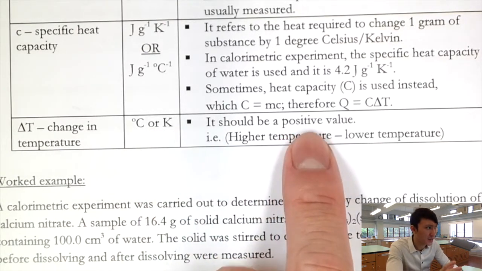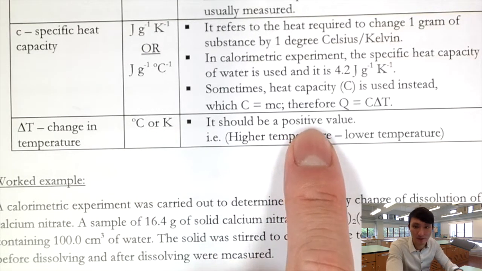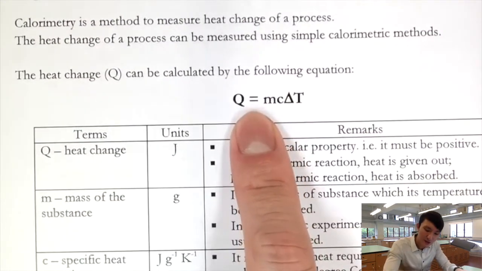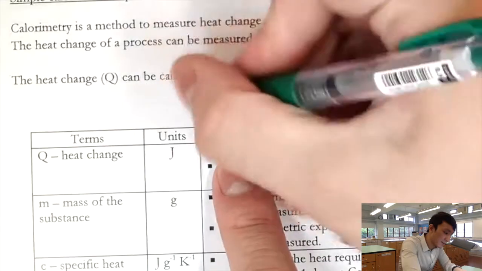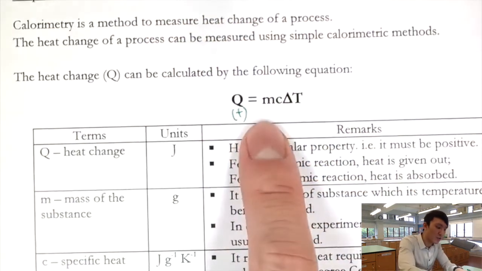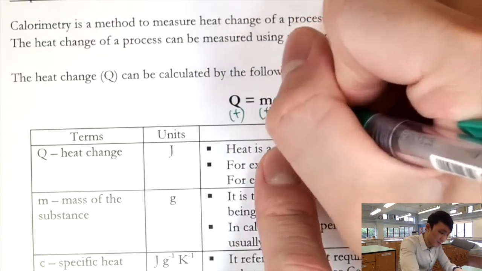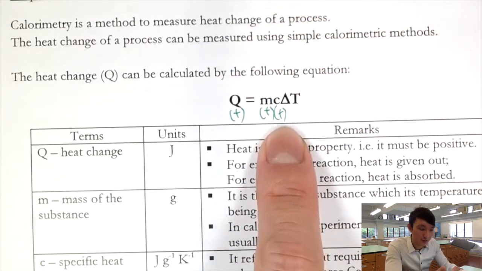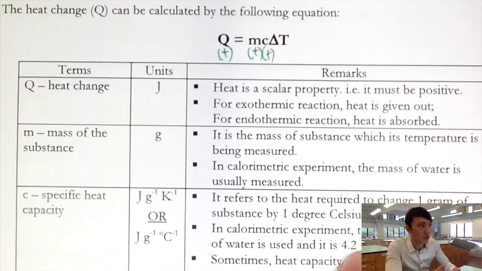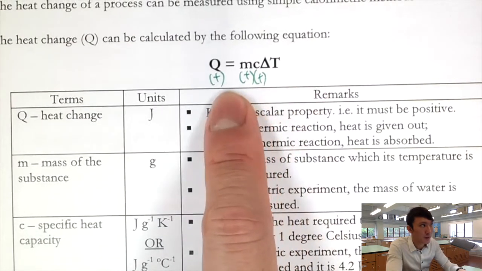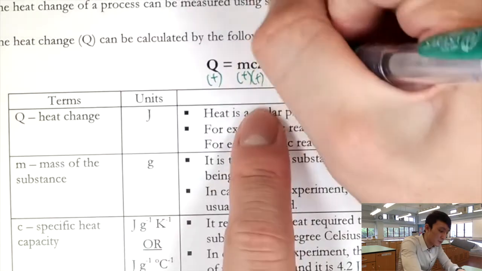But bear in mind, temperature change needs to be a positive value. The reason is because, like I said, Q must be positive, right? And you know, mass must be positive. C must be positive because it is a constant, 4.2, right? So delta T here must be positive in order to make the Q positive.